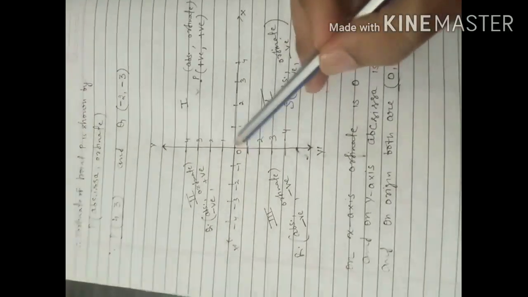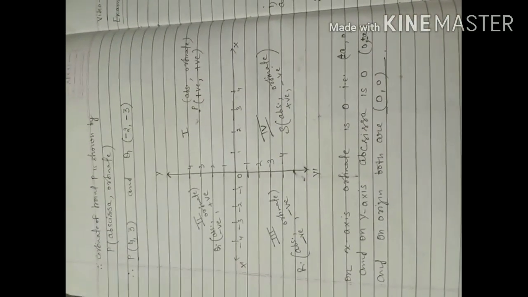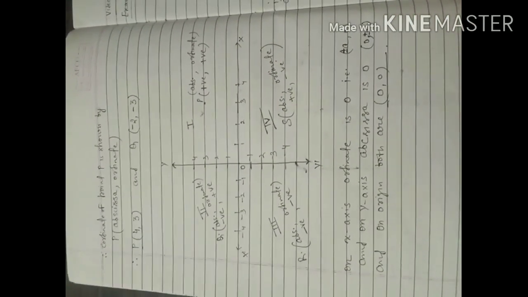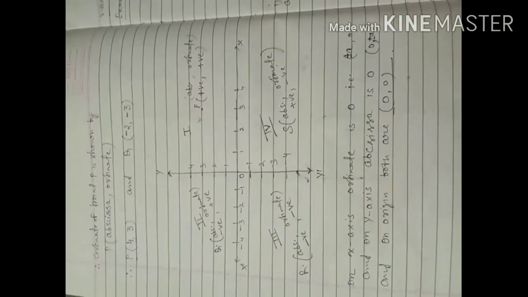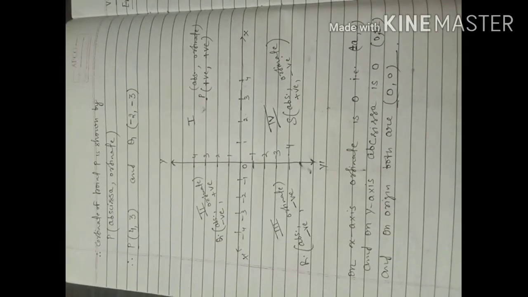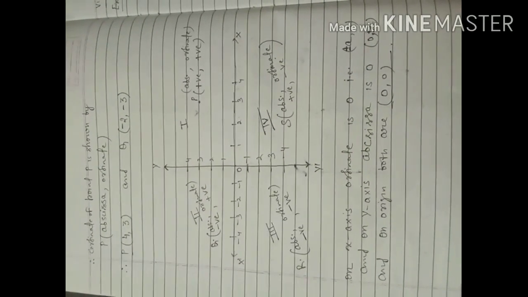So the coordinate of the origin is 0, 0. This is the explanation of coordinate axes, Cartesian plane and quadrants. In the next video we will discuss examples of coordinate geometry. Thank you.